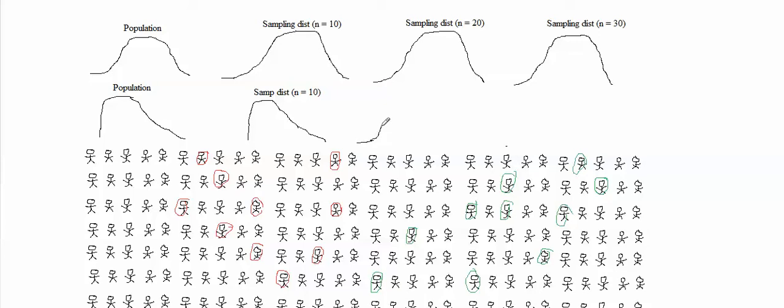So it might be something like this. I'll try to draw an example. So maybe it's a little bit more normal, but it's still sort of skewed to the right.